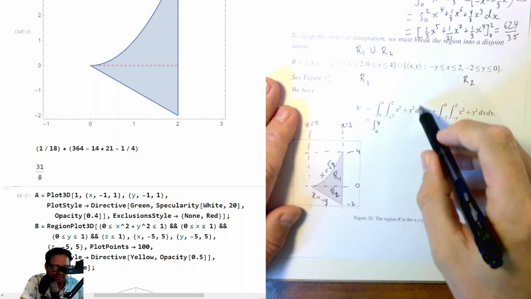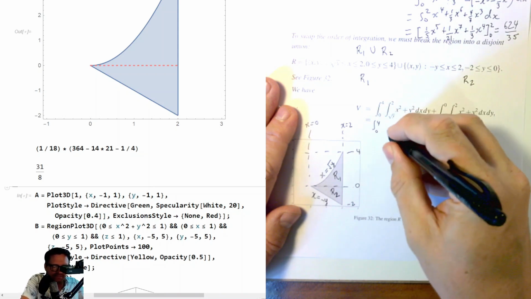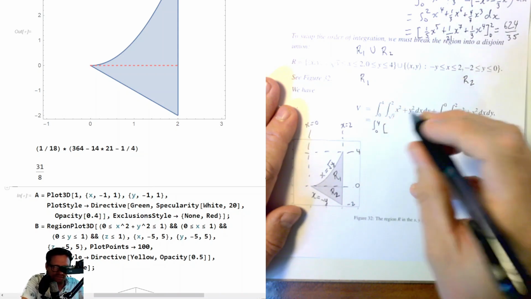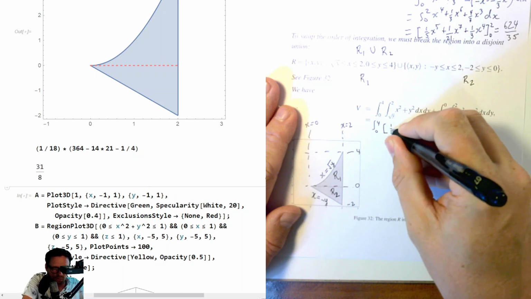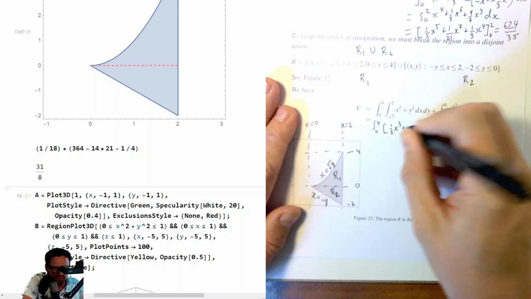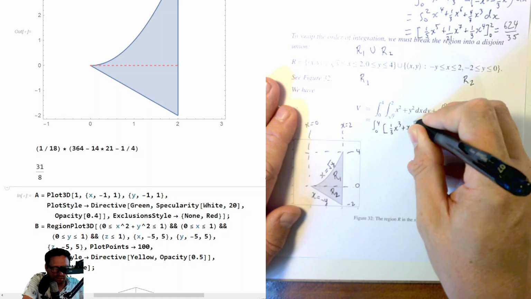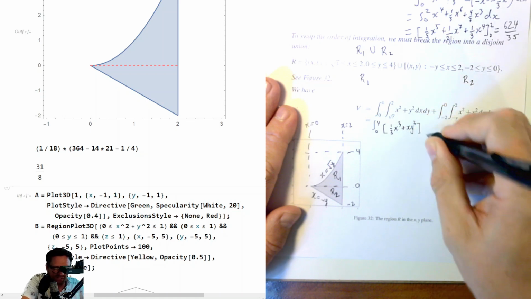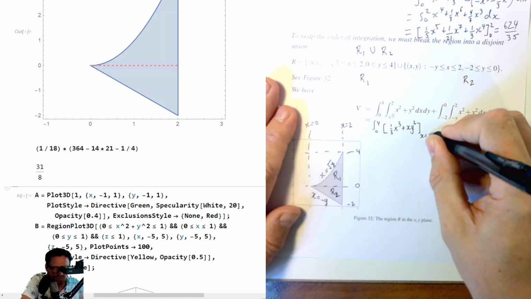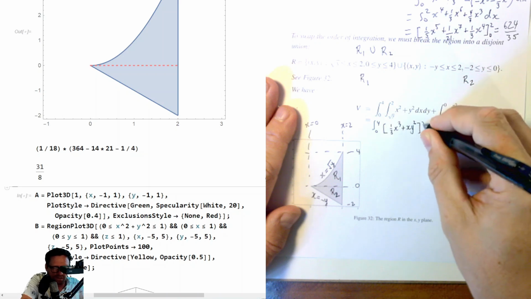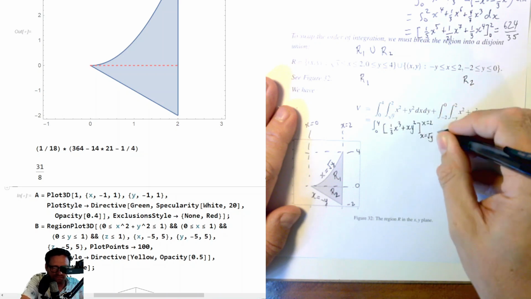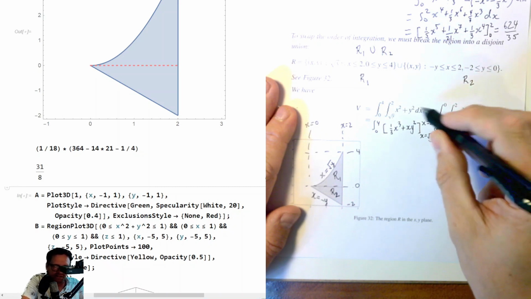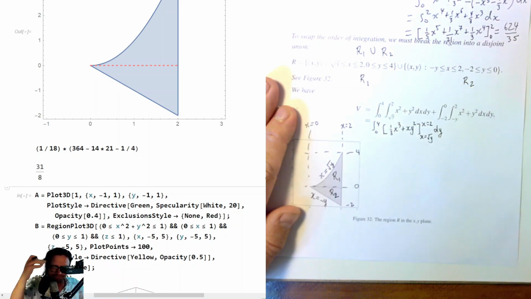Now integrating this little piece with respect to x gives us 1/3 x cubed plus x y squared, and we are subbing in x equals root y and x equals 2. And then we've got to integrate the result with respect to y. So that's just that little piece.